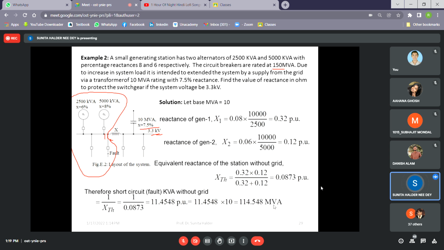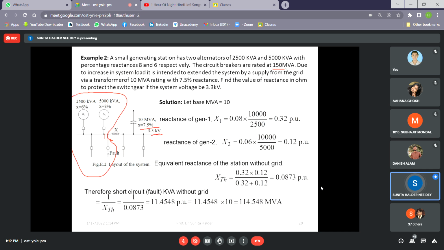So any breaker more than 114.54 MVA will be sufficient to protect this circuit. So it is selected as 150 MVA. There it has given some allowance, and this allowance is always given for further load increment.